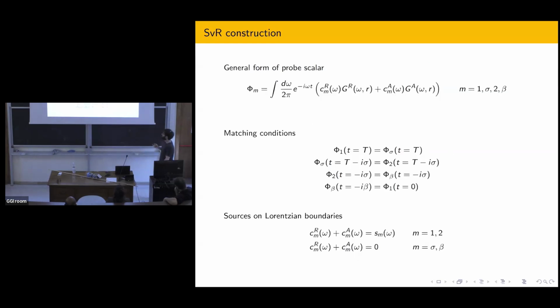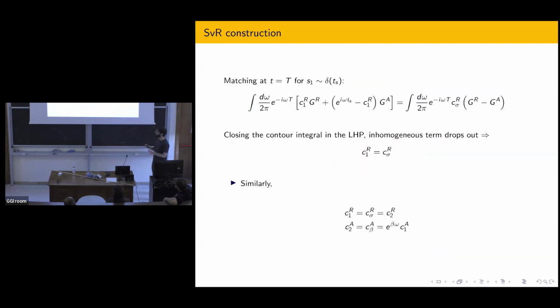I also impose that we have sources on the Lorentzian boundaries only and not on the Euclidean. So the sum of this is zero on the Euclidean pieces, and it's given by S1 and S2 on the Lorentzian ones. So we are just doing holography on this other spacetime.